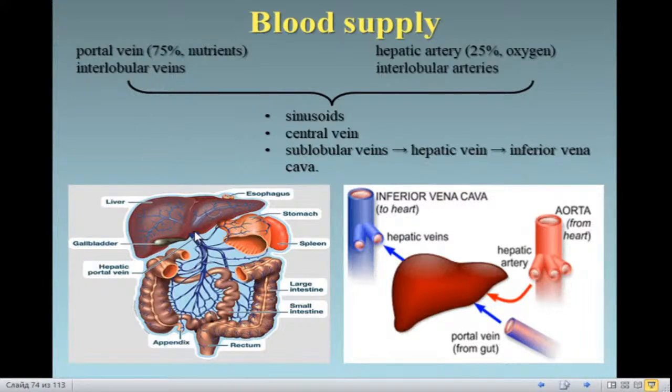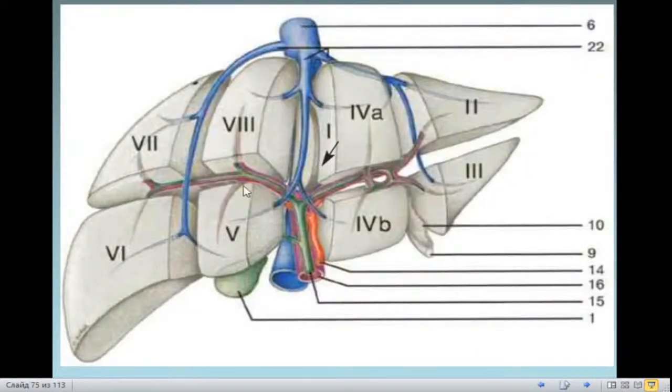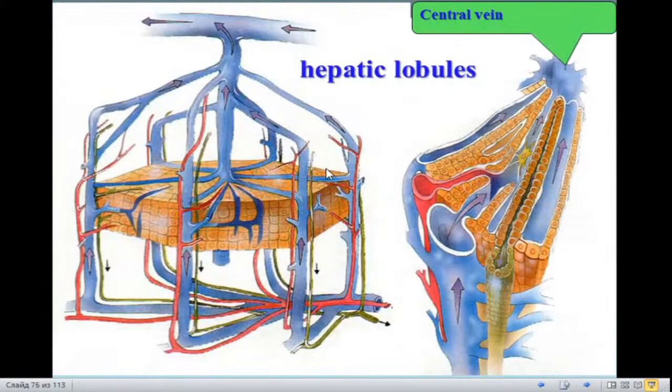Everything that is coming inside the liver is mixing up, processing inside the lobes, segments, and then lobules. And this is how hepatic lobules look. You can see in the angles they have the branches of the hepatic portal vein bringing nutrients for detoxification, and the hepatic artery bringing oxygen for this process and for liver needs.